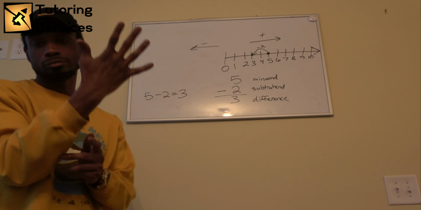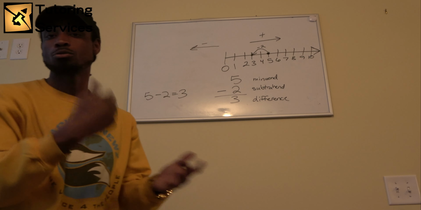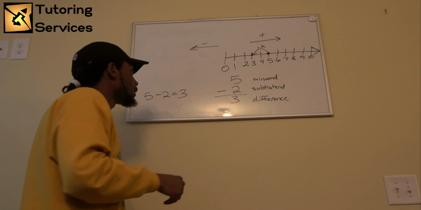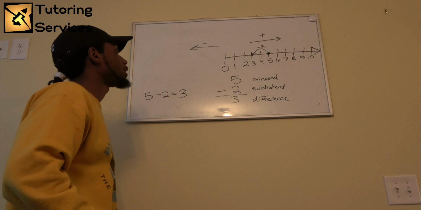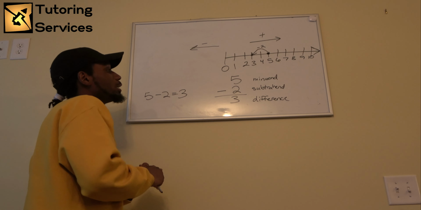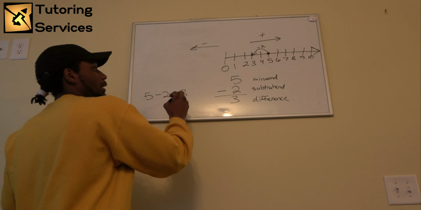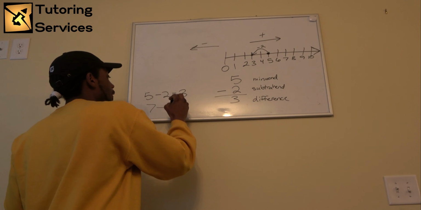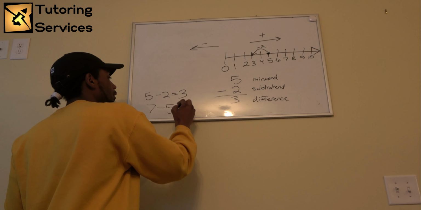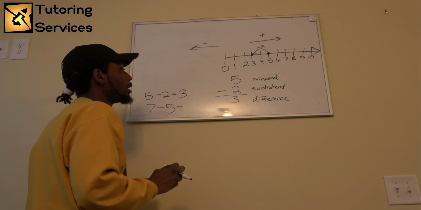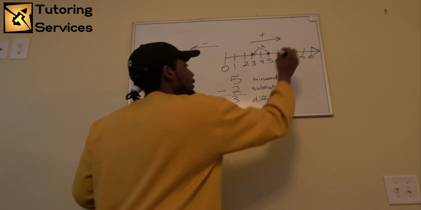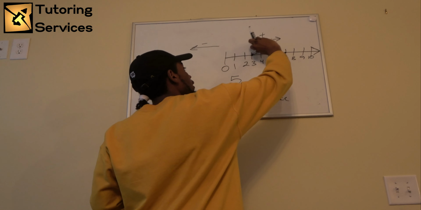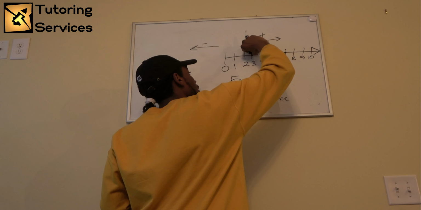And that's pretty much the concept. It works with any number. If I wanted to say, all right then, what is 7 minus 5? What does that equal? Well, you start at 7, like so, and we'll get rid of this here. We're still dealing with the same number line.